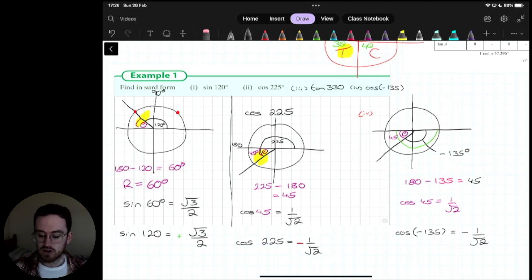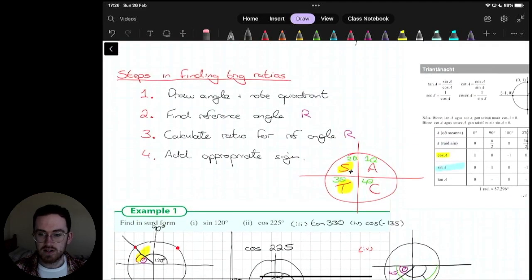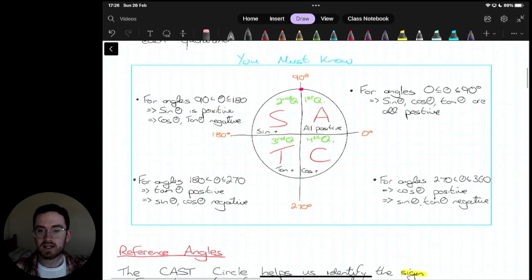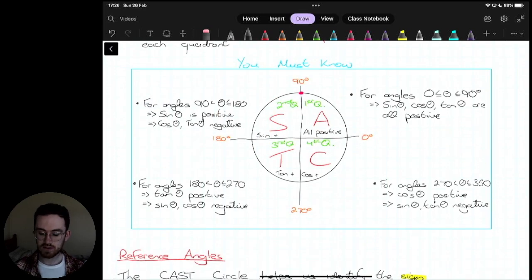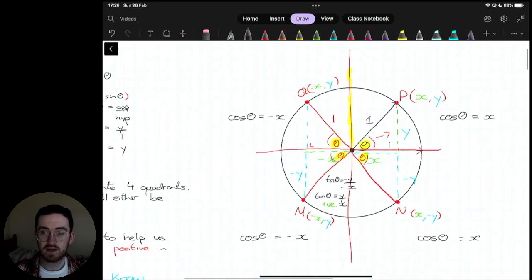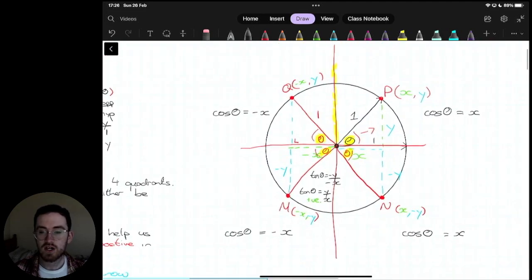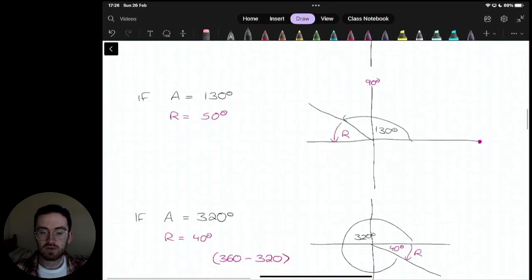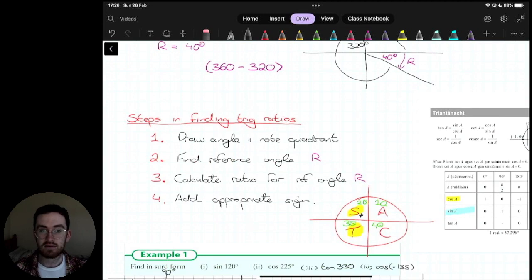And making sure that you can also use your CAST circle to decide whether the ratio is going to be positive or negative. So the two things we've looked at: the CAST circle, whether they're positive or negative, and exploring where the reference angles come from. If you know your CAST circle, and if you know your steps for using your reference angles, that's going to be really, really important when we get on to our trig equations.